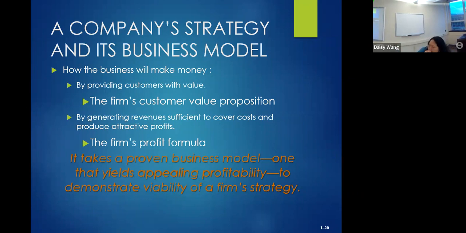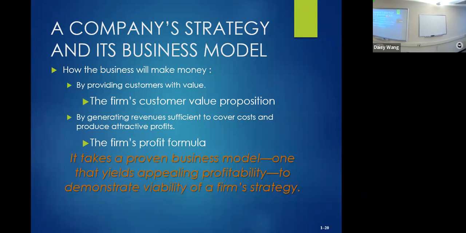Let's say the virtual reality goggle by Facebook Meta. How do they call their goggle? Meta Quest? How much? 1,200? 400, 500? No, it's like 4 or 5.